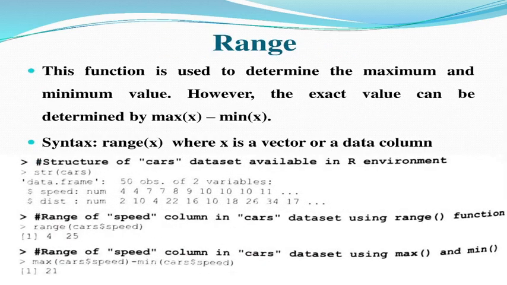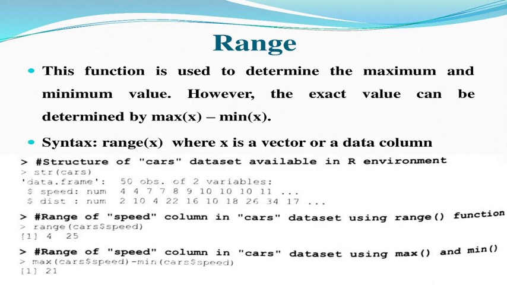A range is used to determine the maximum and minimum value. However, the exact value can be determined by max of x minus min of x. The syntax is range of x, where x is a vector or a data column. The first function shows the structure of the cars dataset available in our environment.